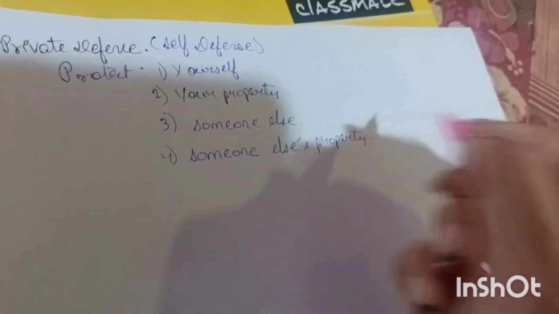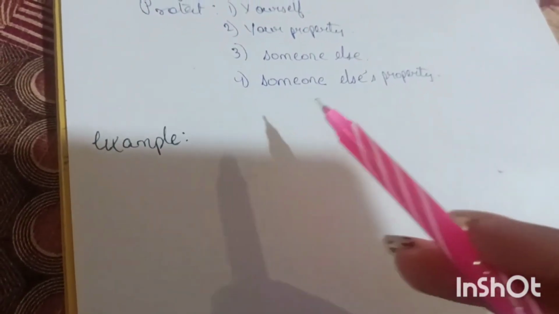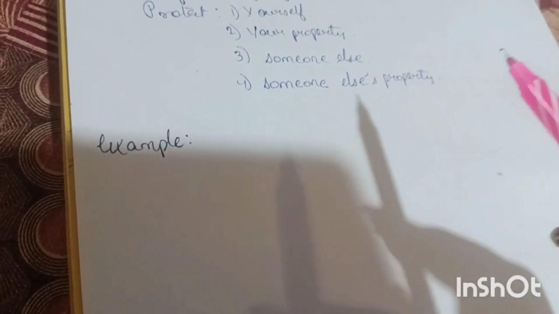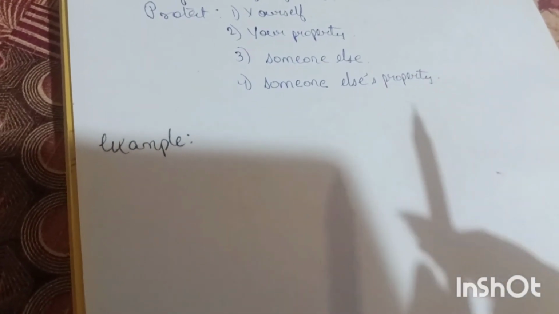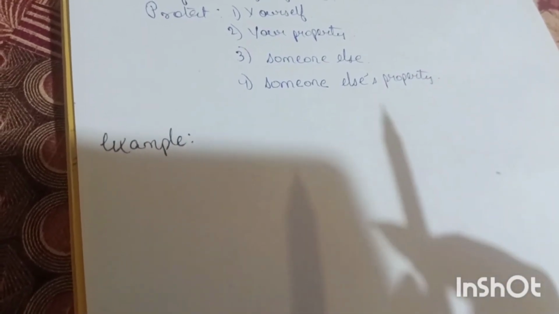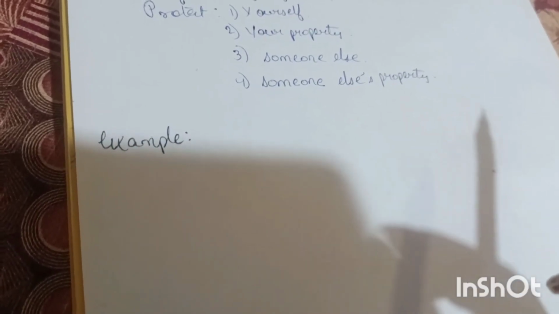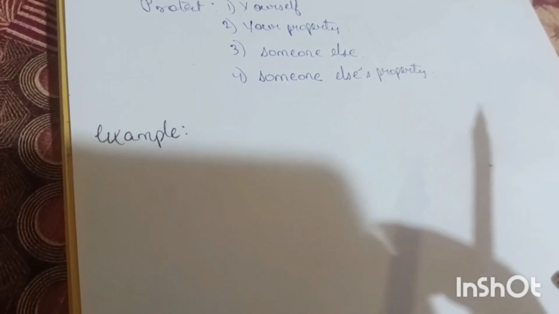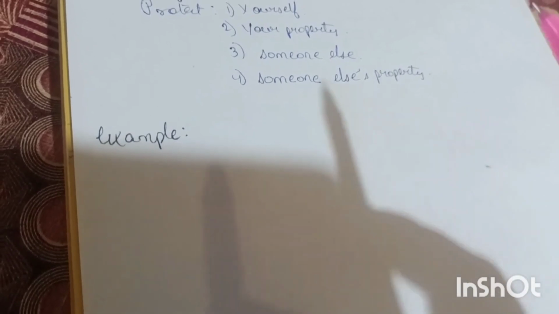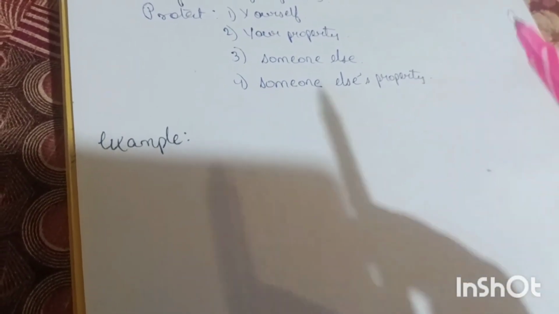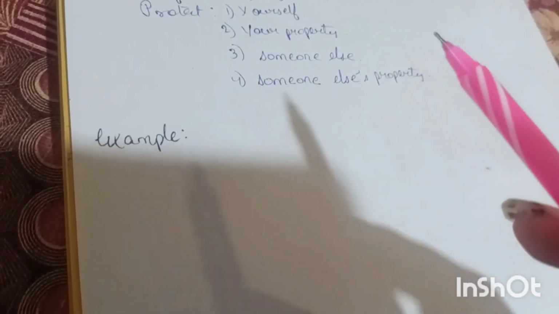Let's understand this through an example. There was a person A who was running with material of person B, and when person B caught him, he hit him with a rod. In this case, you cannot sue B because he did that for his self defense.